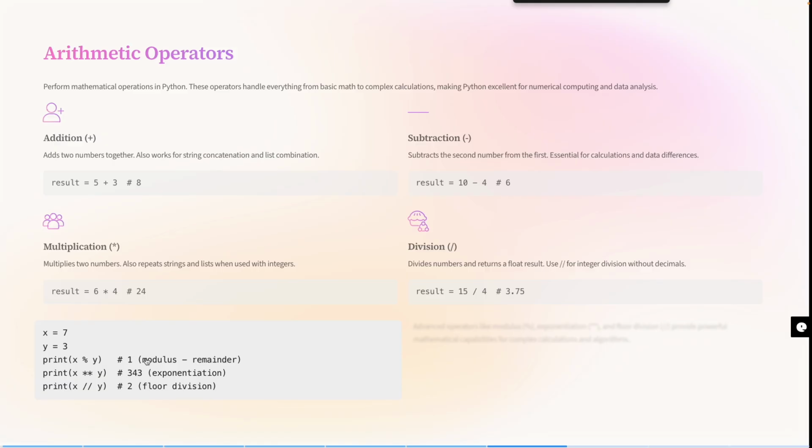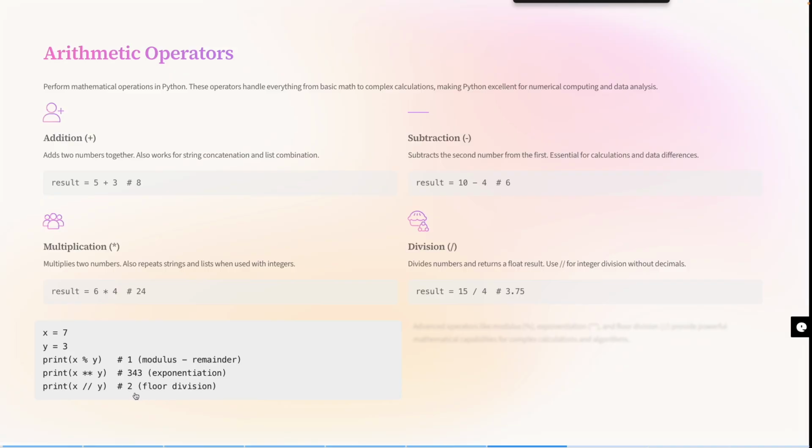We got a result of 1 because modulus returns the remainder. And 7 to the power of y, so it multiplies exponentially. We got a result of 343.